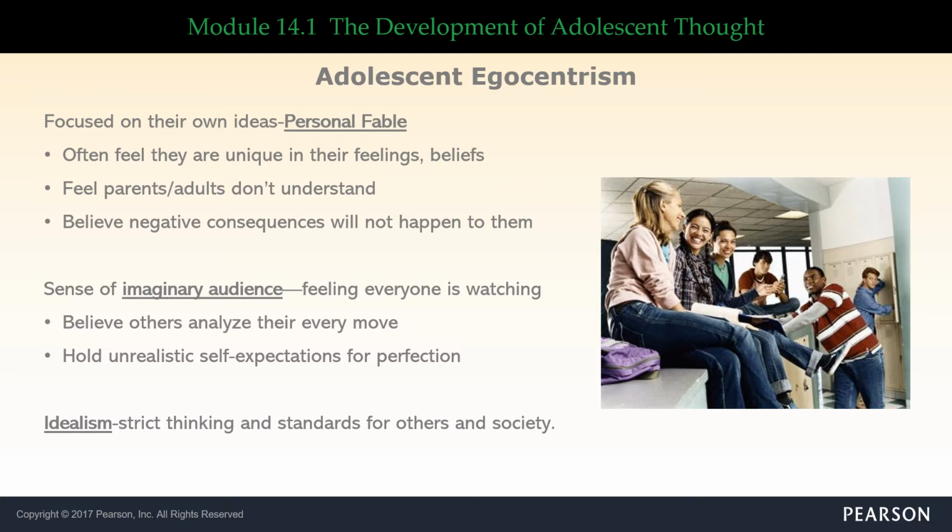There's also a sense of imaginary audience that's part of this egocentrism. And it's a feeling that everyone is watching them, or everyone's interested in the same things they're interested in. So they believe that others analyze their every move and are interested in what they're doing, what they like, how they dress, and they hold unrealistic self-expectations for perfection.